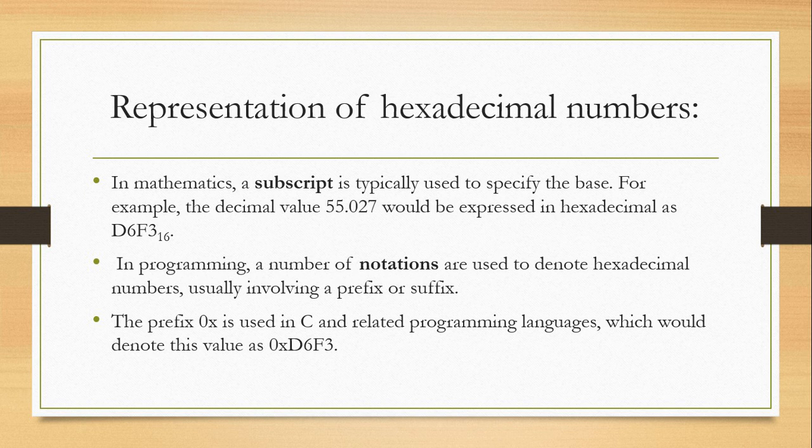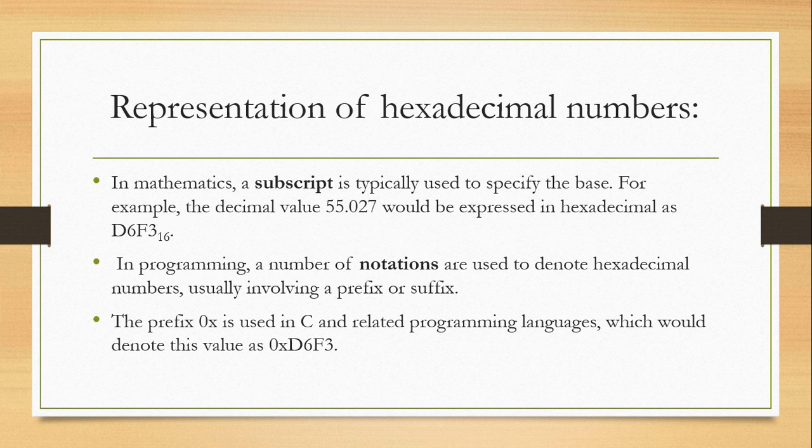But in programming, different notations are used to denote hexadecimal numbers, usually involving a prefix or suffix. Using a prefix means we write something before the hexadecimal figure, and a suffix means we write something after the figure.